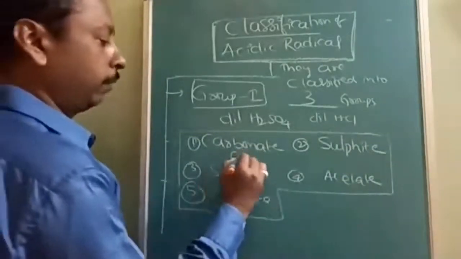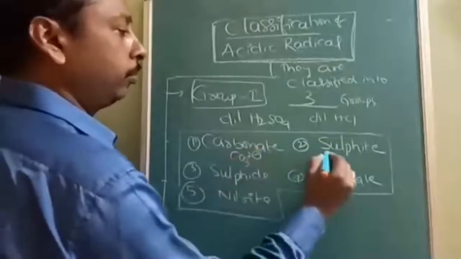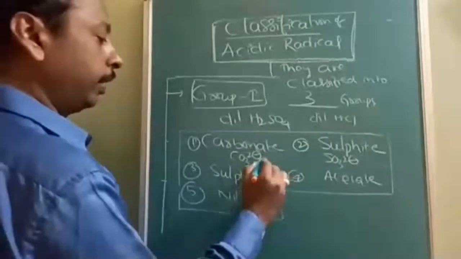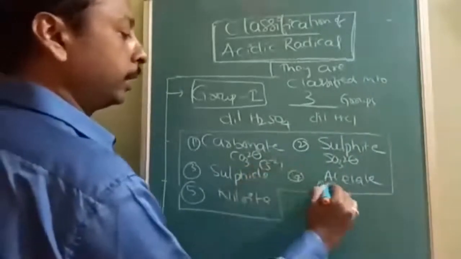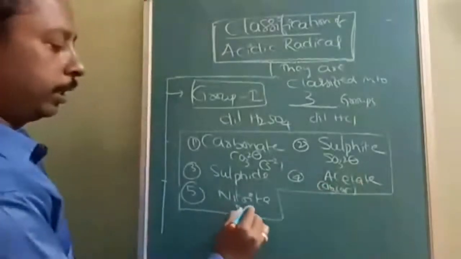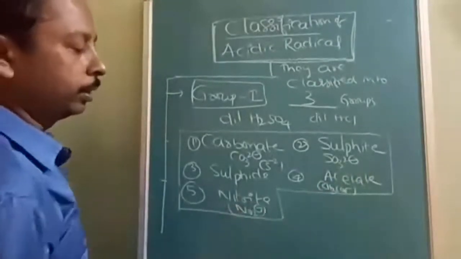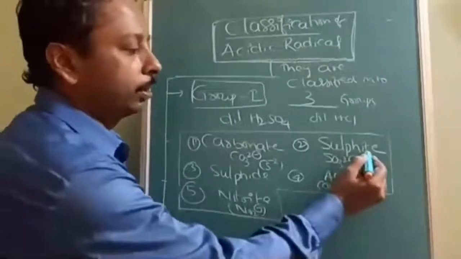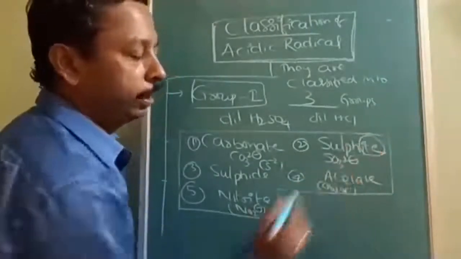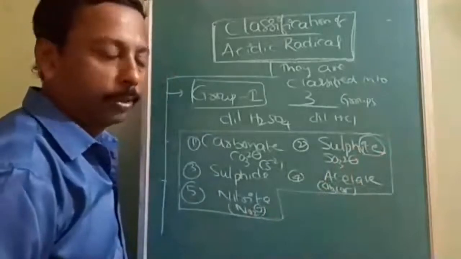Carbonate, I think all of you remember, is CO3 2 minus; sulfite is SO3 2 minus; sulfide is S2 minus; acetate is CH3COO minus; nitrite is NO2 minus. A small word makes a lot of difference: ITE gives SO3 2 minus, and if it is ATE, then it will become SO4 2 minus.